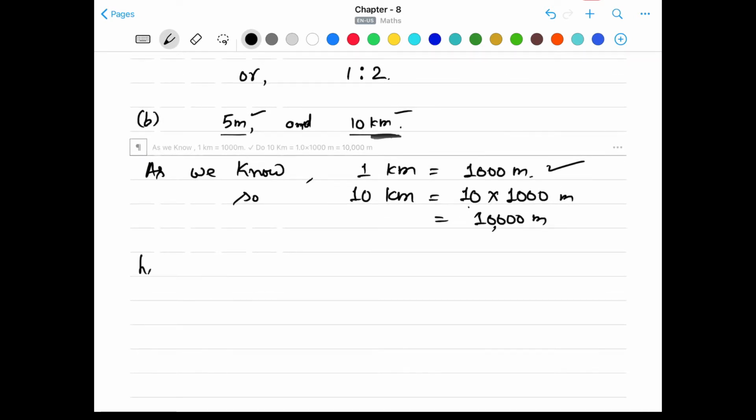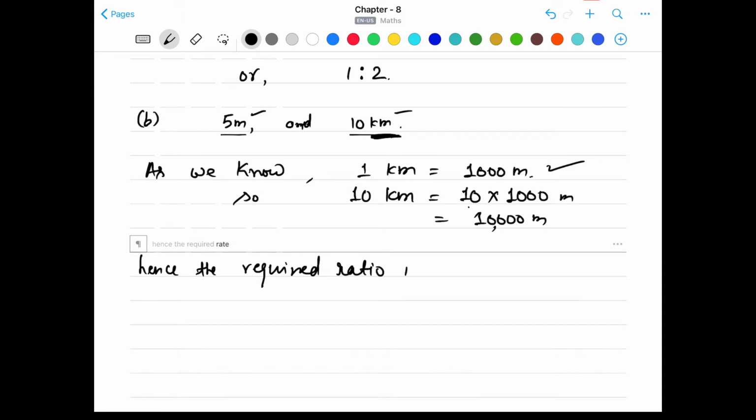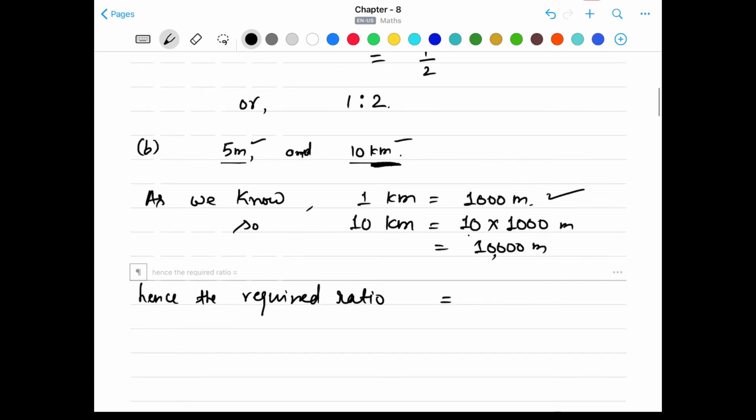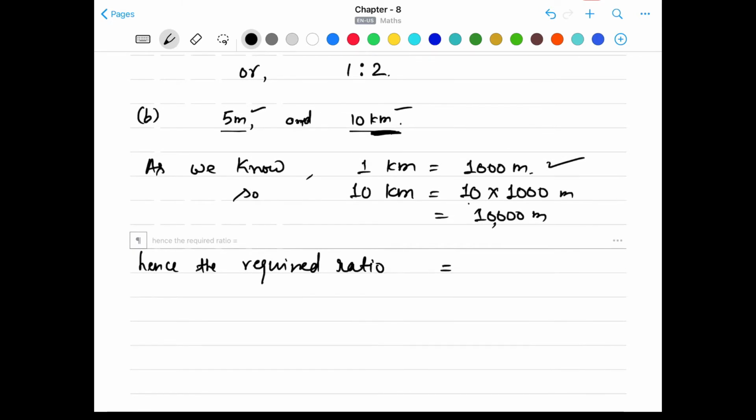So we'll write: hence the required ratio is equal to, again we'll write the first mentioned quantity, which is 5 meter, in the numerator, and the second mentioned quantity, which is 10 kilometer that we have changed to 10,000 meter, in the denominator, that is 10,000.